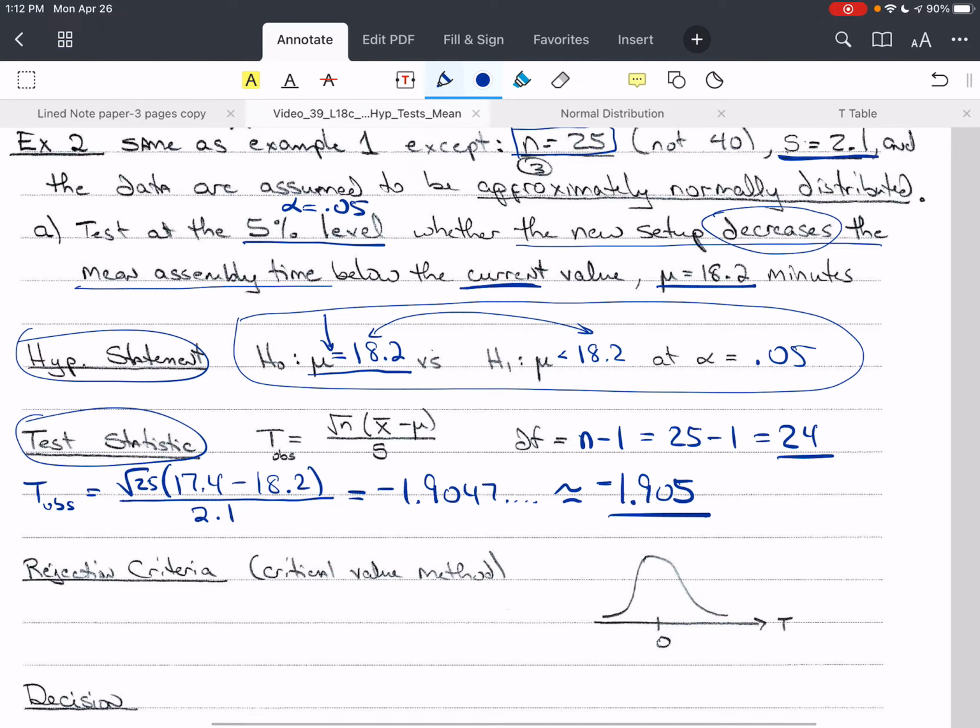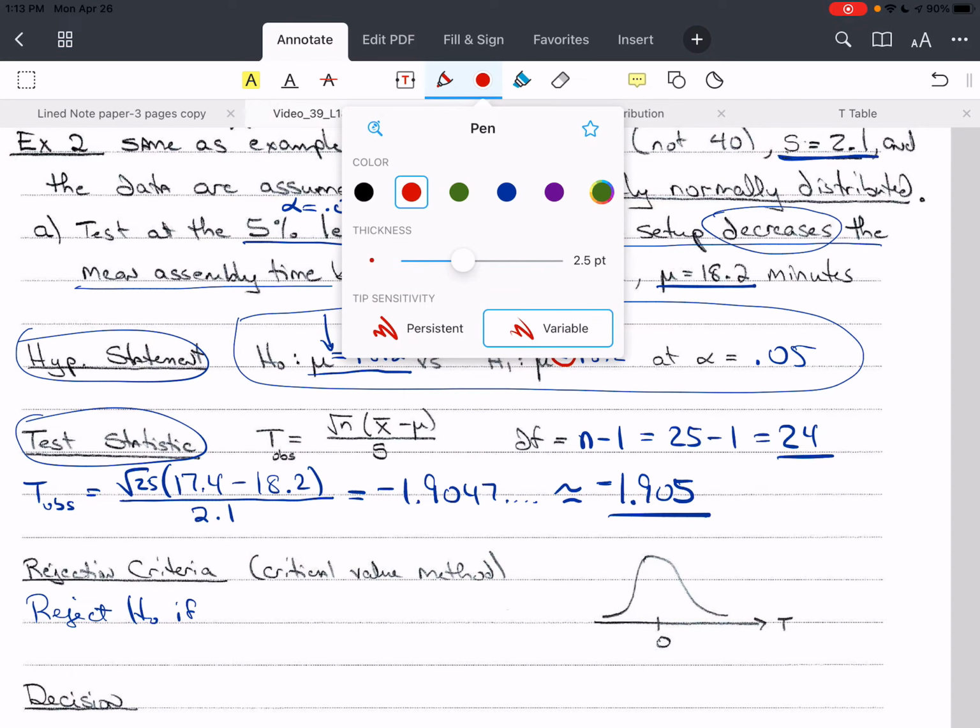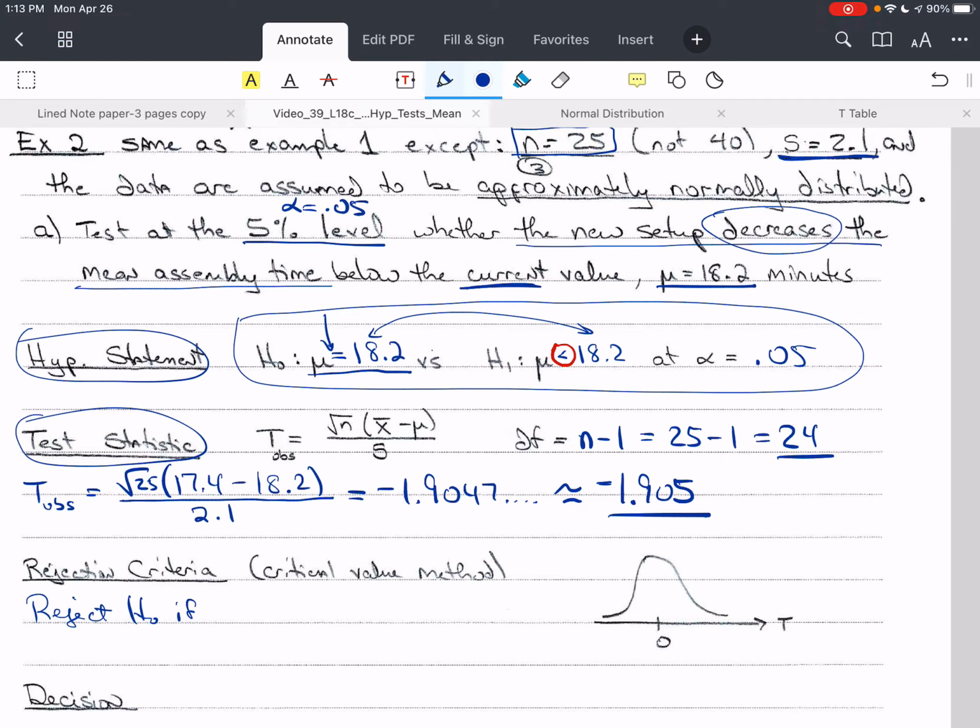Okay, so the rejection criteria, or critical region, or rejection region, it's reject H naught if, because we have a less than sign here in our alternative hypothesis, we're going to have a less than in our rejection criteria.